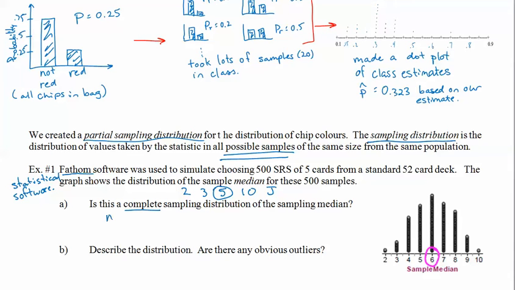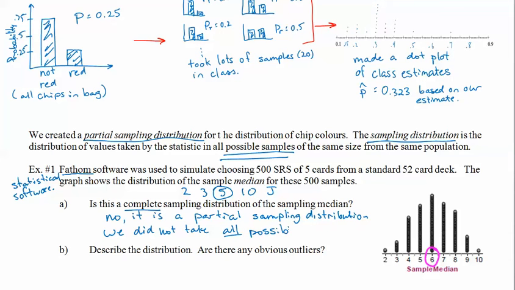And the answer is no. It is a partial sampling distribution, because we did not take all possible samples.